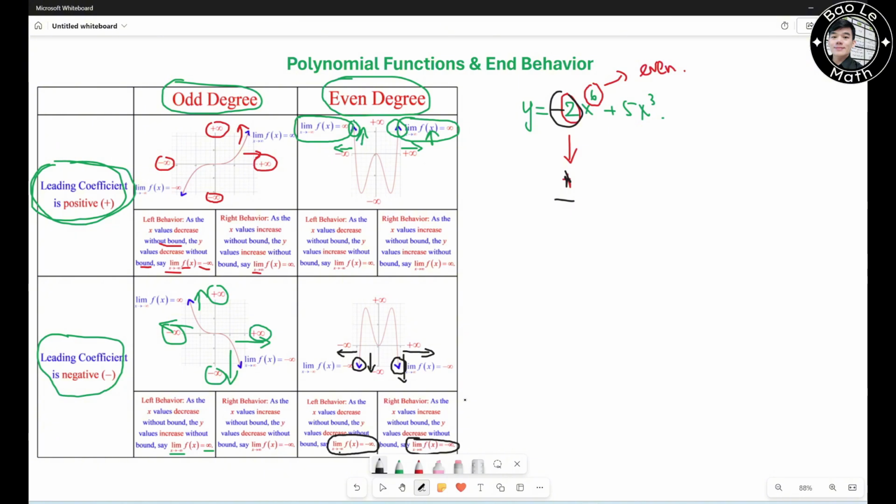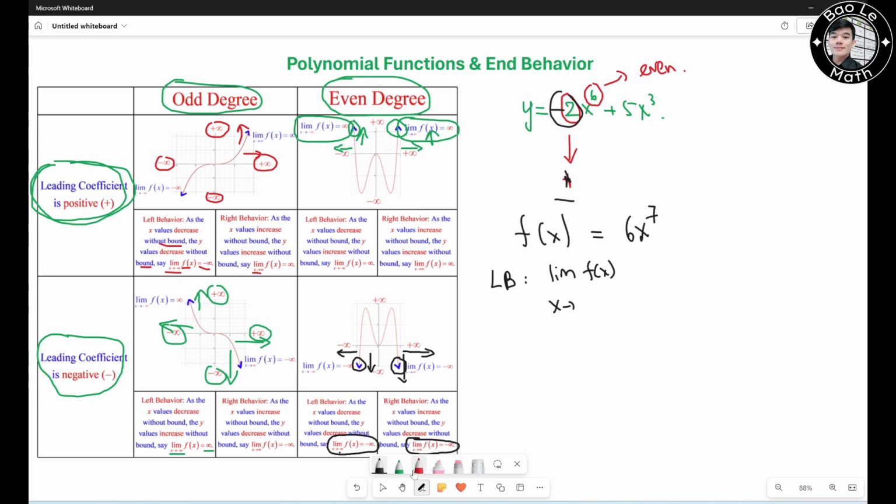Now let's take a look at an example. If I have f of s equals 6s to the power of 7, I'm going to ask you to determine the end behavior of this polynomial. You need to say left behavior, the limit of the function f of s as s approaches negative infinity.